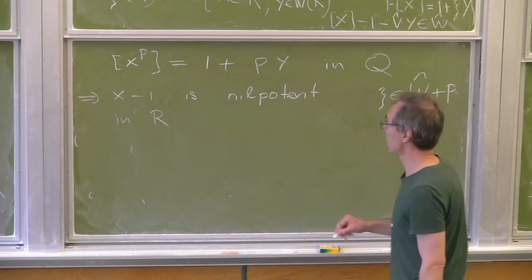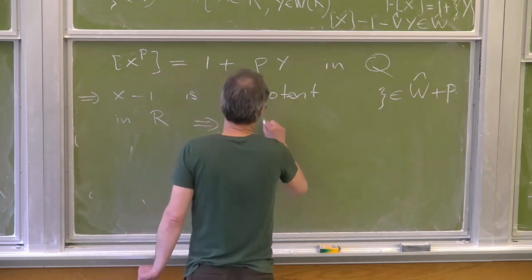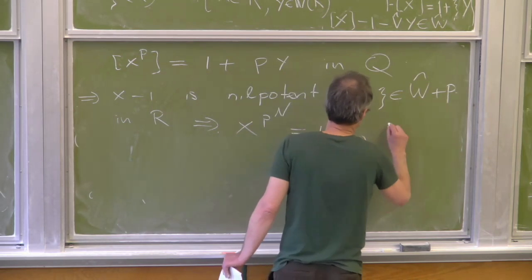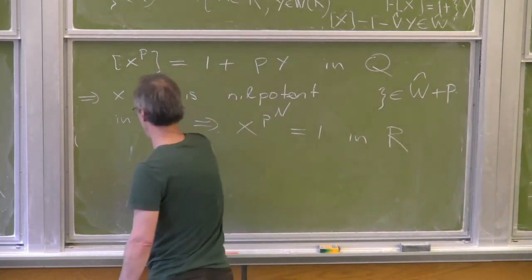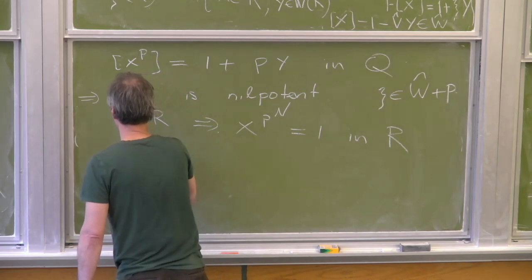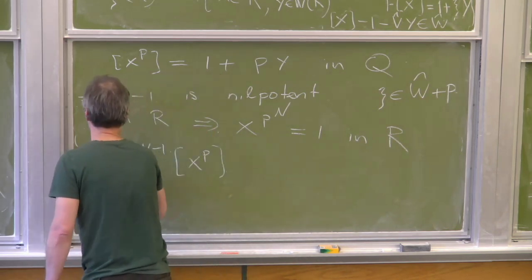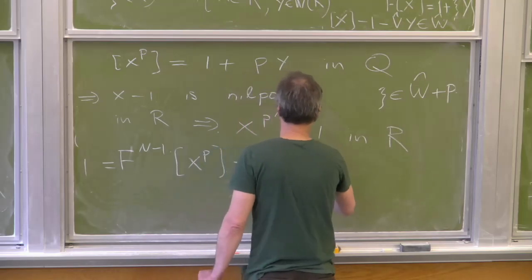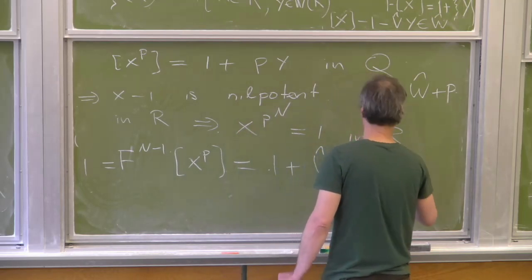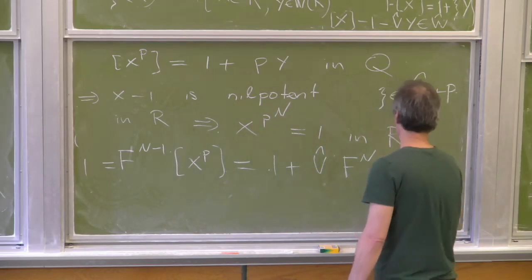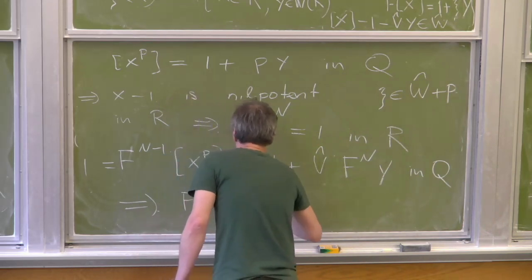This implies that X to the p^n is 1 for large n. So if I apply Frobenius, this is 1, and this is 1 plus p F^n of Y. And this implies that F^n of Y is 0.